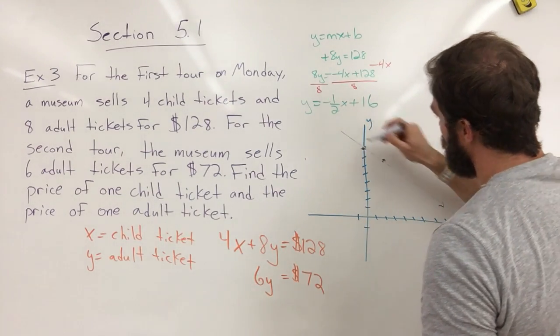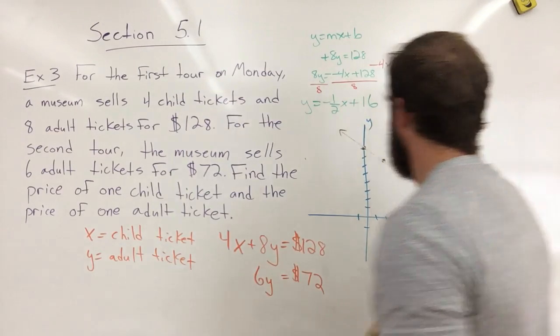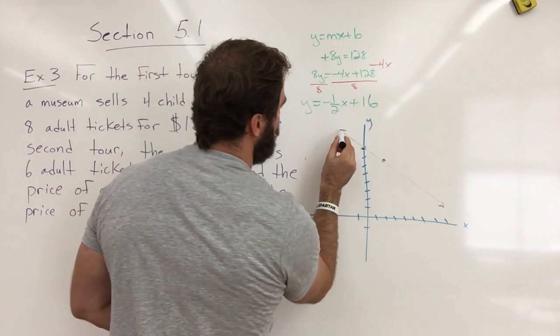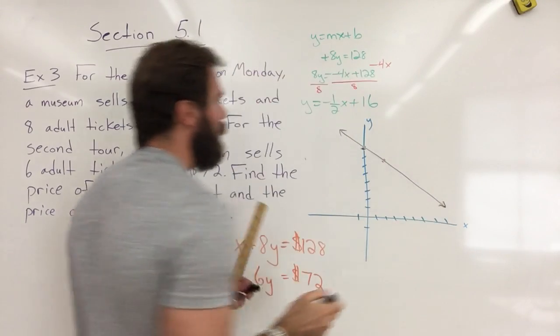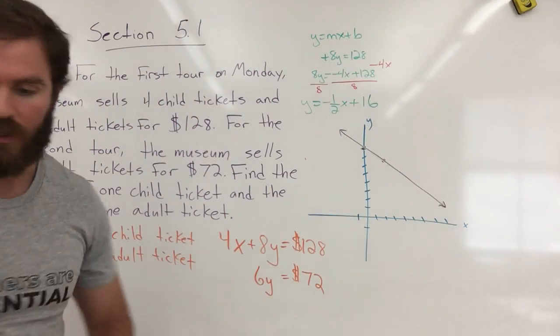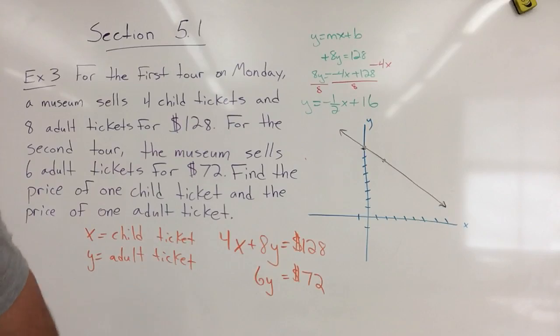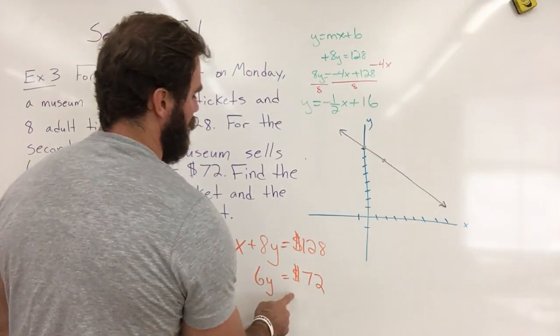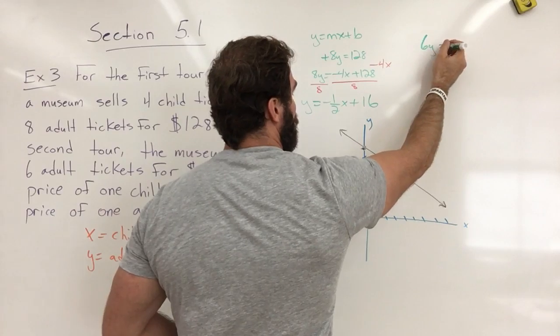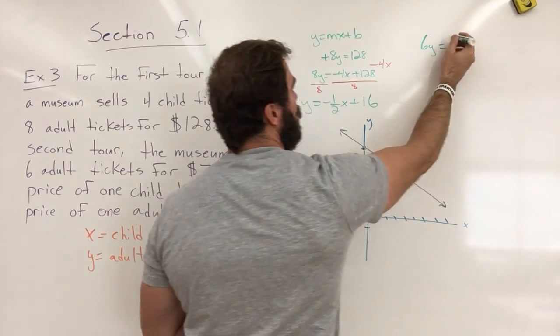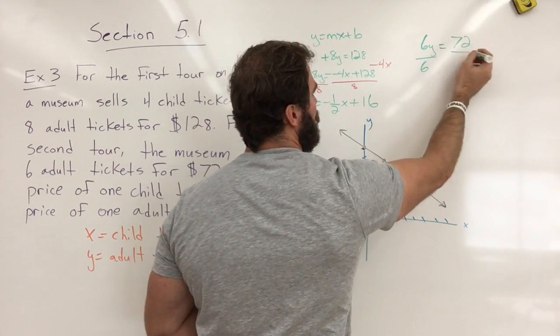Ooh, this marker is dying. Okay, I don't know if you can see that on the camera. And now we need to solve the next. This one will be easy. 6y = 72. Just divide by 6.